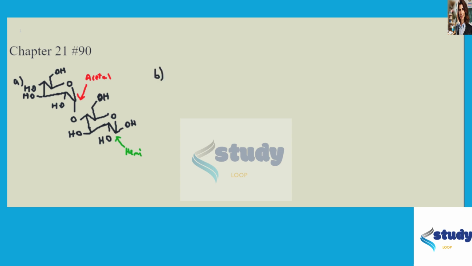So then for B, we are asked to perform a series of reactions. For B1, we're asked treatment with H3O plus. So that's going to hydrolyze the linkage between these two rings. And so what we will end up with is this.